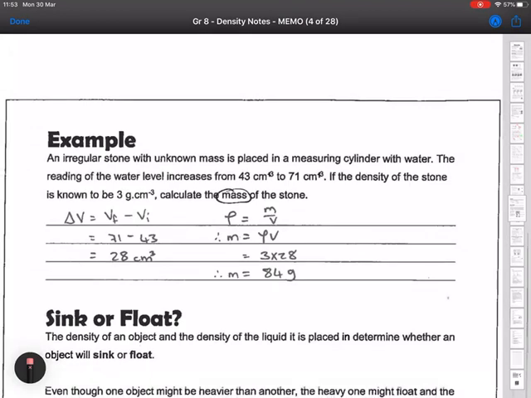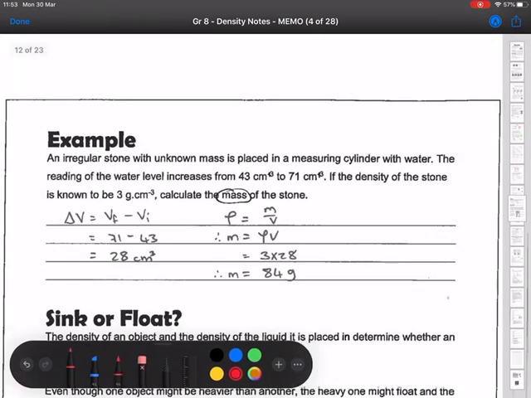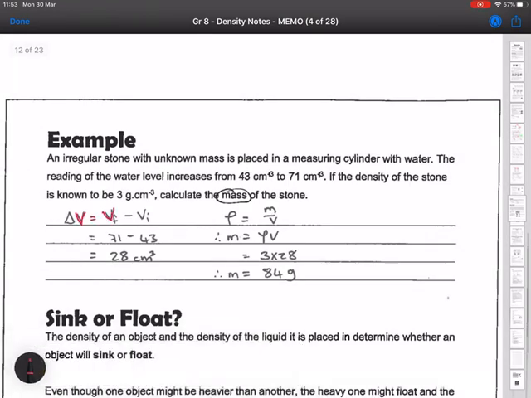Again, this is the example. Please make sure that you have all of your calculations. So final volume minus initial volume. Work out what the volume of water is that would be displaced by that stone, and the stone's mass comes out to be 84 grams.